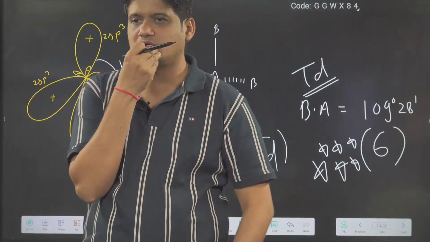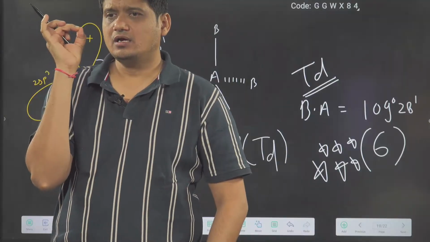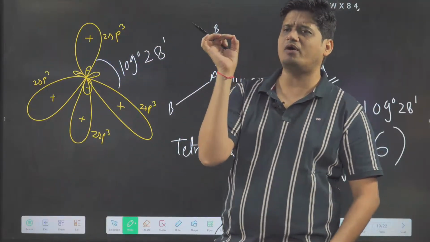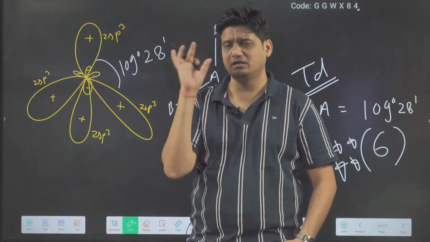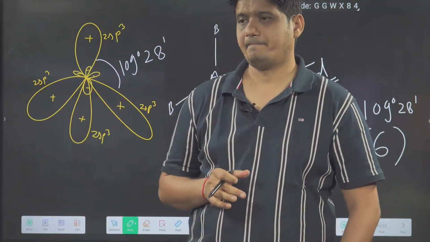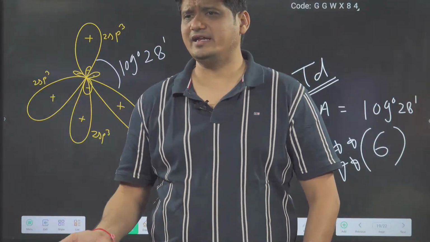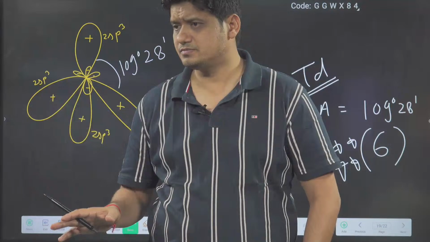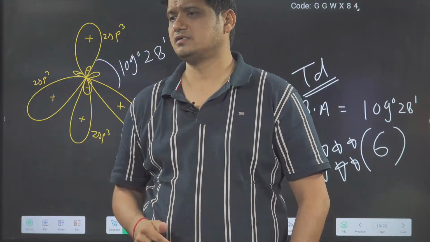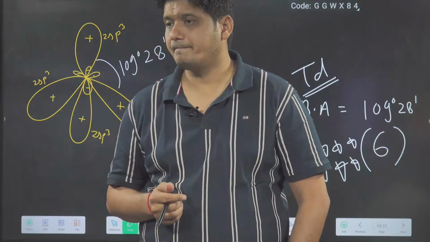Got the concept or not? How many 109 degree 28 minute bond angles are present? Answer is 6. Because knowing 109 degree 28 minutes will not make you a topper. Knowing how many will create the difference between average and topper material.